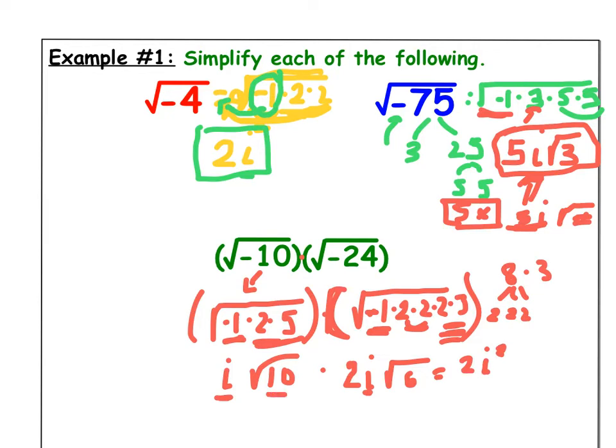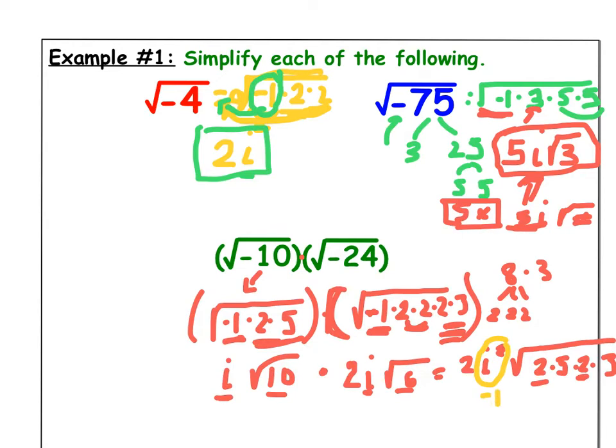And then I've got this 10 and 6, so that's my collection here. But instead of writing 10 and 6, I'm going to write 10 as 2 and 5, and 6 as 2 and 3. You can combine them when they're multiplied like this, because you have another pair that comes out. So now I'm going to do a couple things here. Do you remember what this was from the previous slide, i squared?